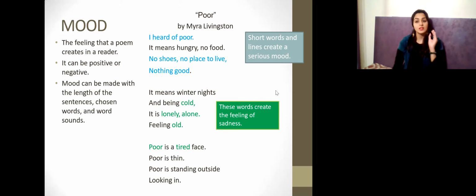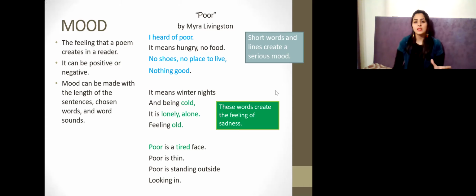You saw that it is so touching and so emotional. It brings us to that mood, people who are hungry, who have nothing to eat, nowhere to live, right? That brings a mood of sadness in us with the short lines in it.